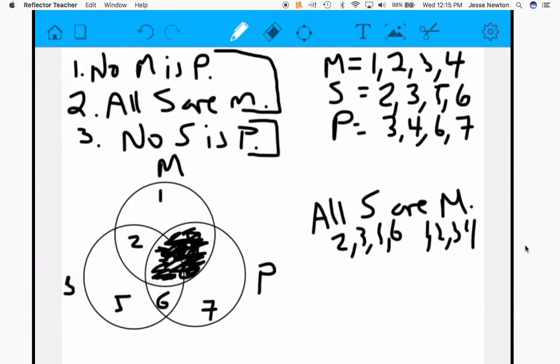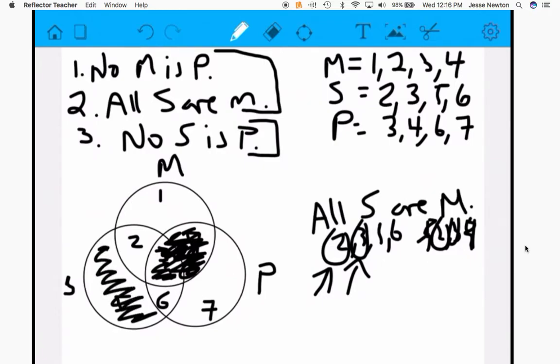We circle the regions of overlap, which is 2 and 3. We scribble out those that we don't need. And we're saying all S are in M. So all the S are in 2 and they're in 3. So where are the S not located? If they're all in 2 and 3, where are they not? Well, they're not in 5 and 6.